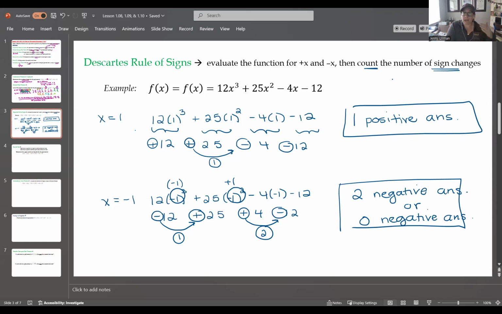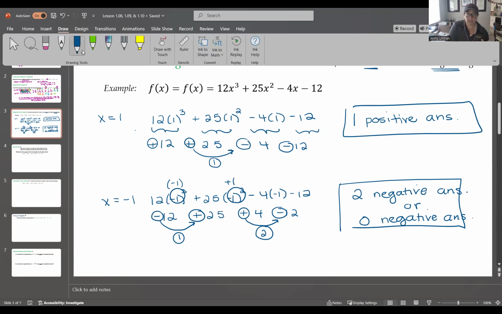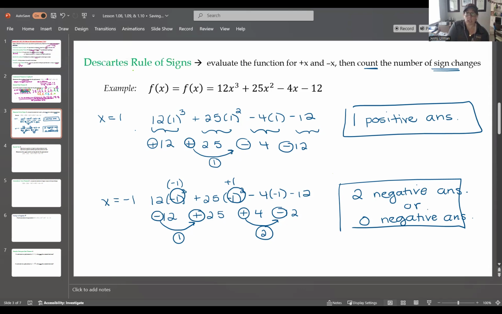Every time we use Descartes' rule of signs, we have to subtract 2 to see our total choices because we could have 2 imaginary. So for example, I'll do green. Remember, I need 3 answers.